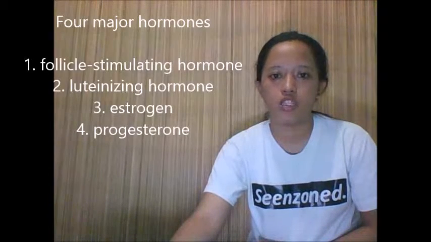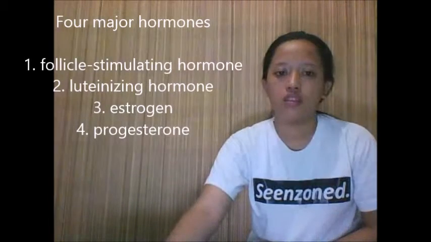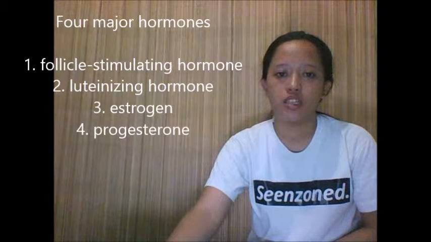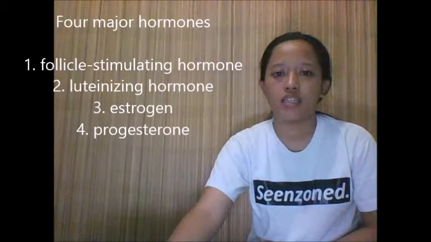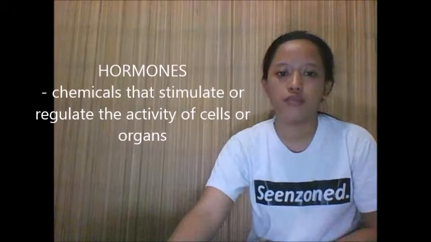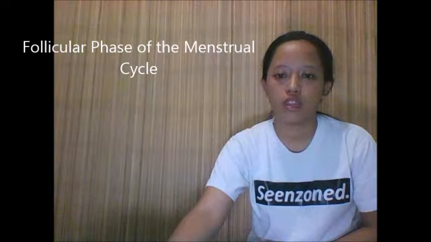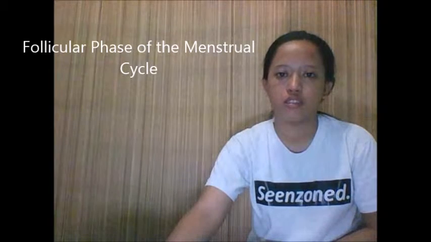The average menstrual cycle takes about 28 days and occurs in phases: the follicular phase, the ovulatory phase or ovulation, and the luteal phase. There are 4 major hormones involved in the menstrual cycle: follicle-stimulating hormone, luteinizing hormone, estrogen, and progesterone. Hormones are chemicals that stimulate or regulate the activity of cells or organs.